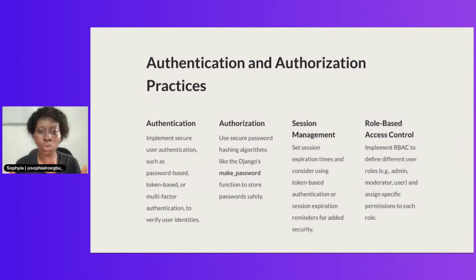That way, you will not have any user just creating an account on your project and gaining access to all the data and information on your project. This is very, very important, especially if you are building an open source project.